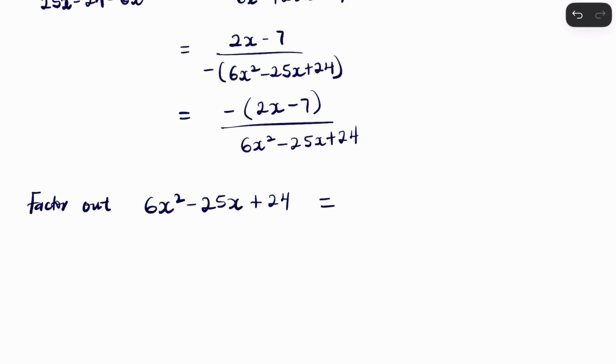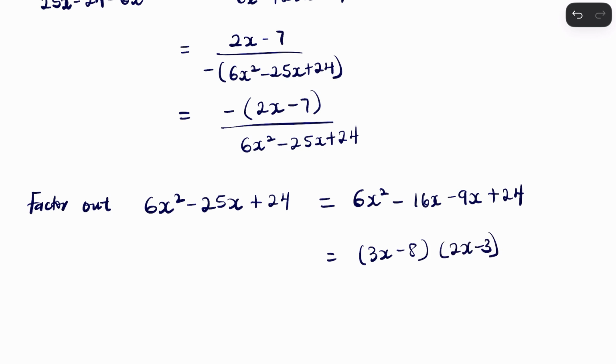So we are going to have the expression to be 6x squared minus 16x, then minus 9x plus 24. Then you can now easily simplify this, right? So simplifying this, you are going to have (3x minus 8)(2x minus 3), right? So these are going to be the factors.